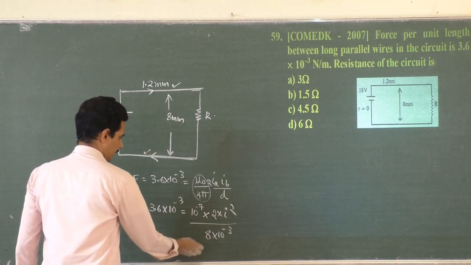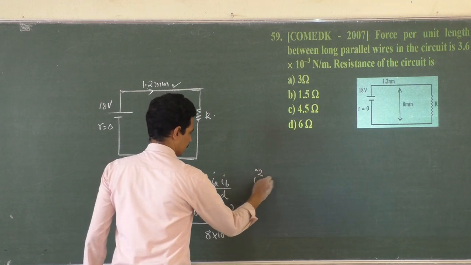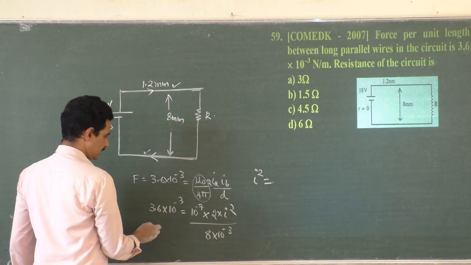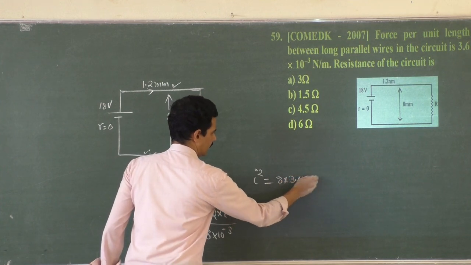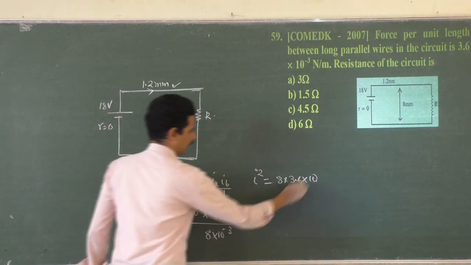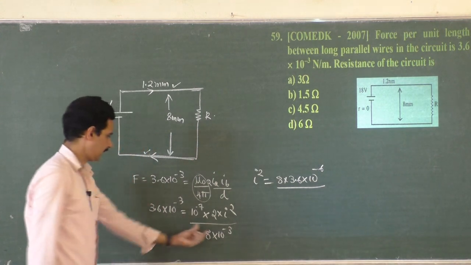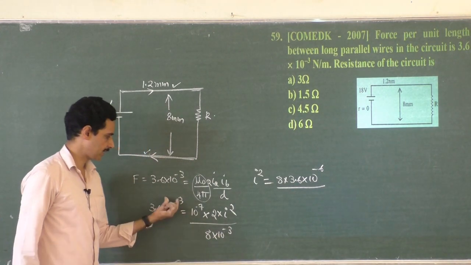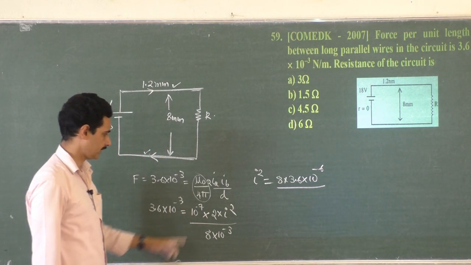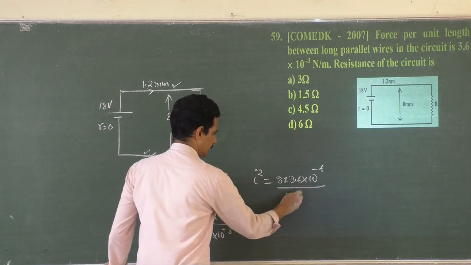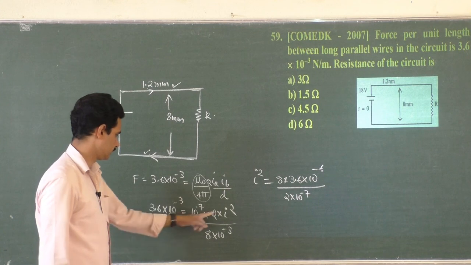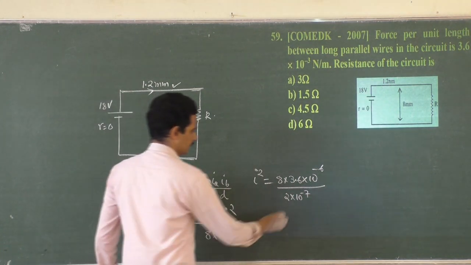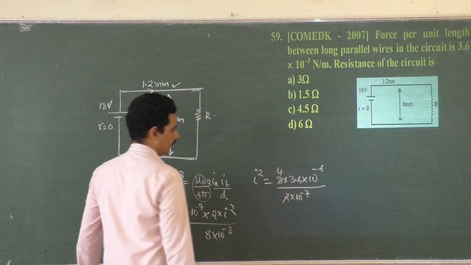So how to get I now? What is I square equal to? 8 into 3.6 into 10 to the power minus 3, minus 3, minus 6, divided by 2 into 10 to the power minus 7. Two 4s are 8.